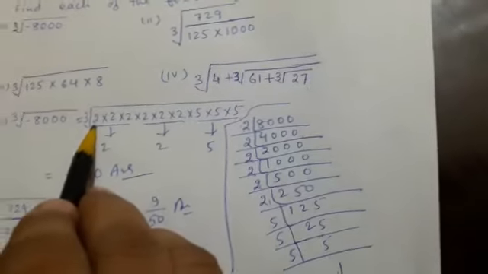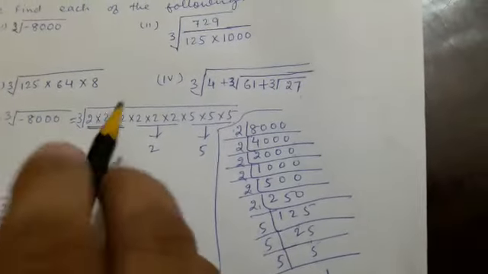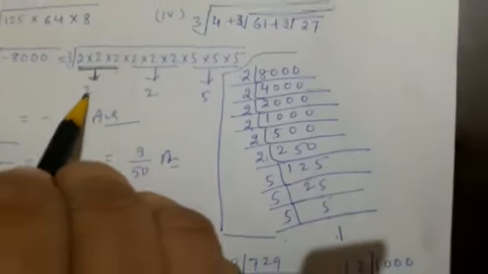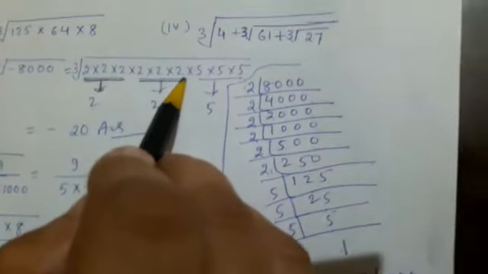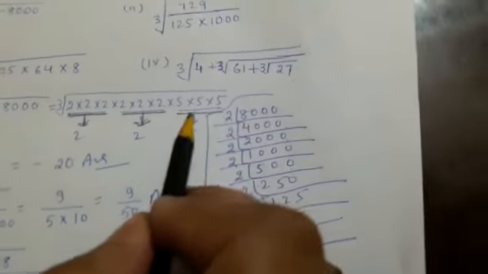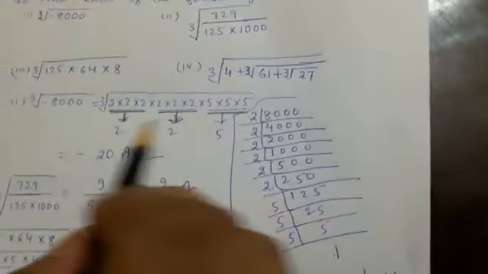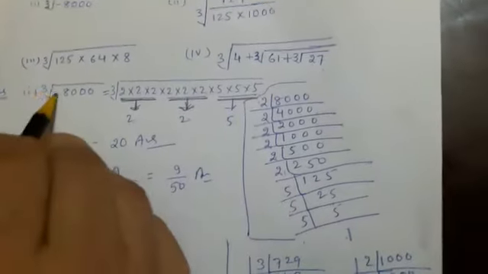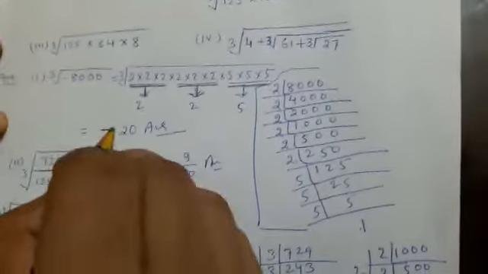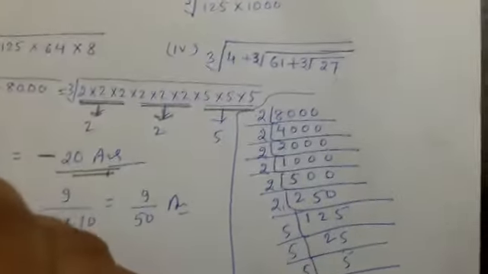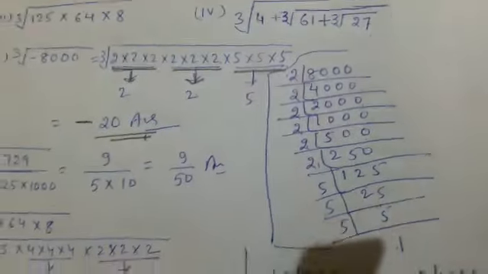For the 3 2's we will write down 1 two, again 3 2's are there, so we write down 1 two here, and 3 5's are there, so we write down 1 five here. Now we will multiply. 2 2s are 4, 4 5s are 20. Now we put the negative sign here. So minus 20 will be our answer. This is the cube root of minus 8000.